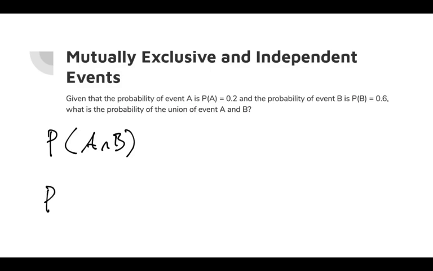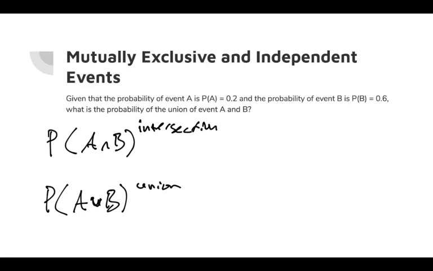Or they'll do it like this, where they have the probability of A, and then they have it the other way, just B, okay? And in the top case, this is called an intersection. And in the bottom case, this is a union, okay?